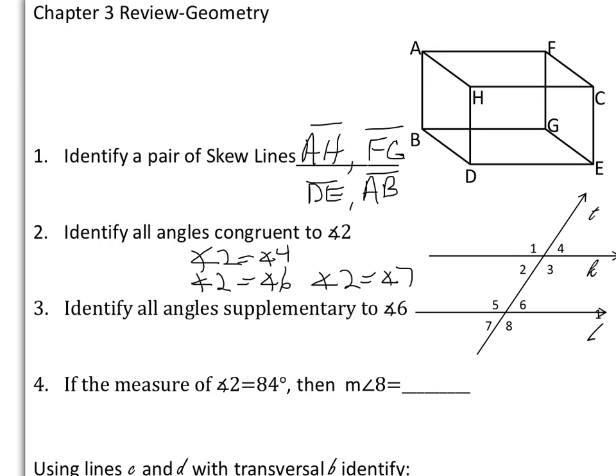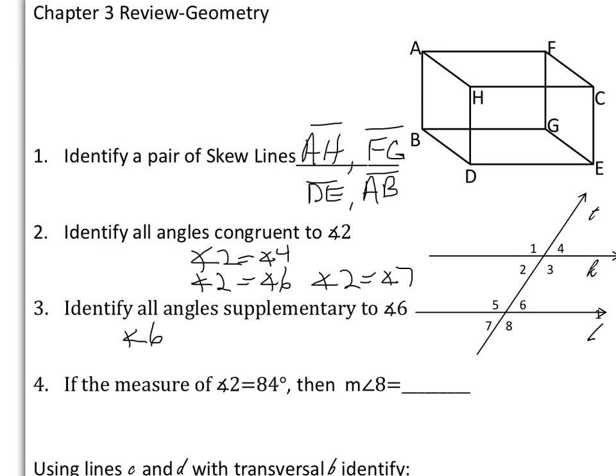Identify all the angles supplementary to angle 6. Well, if we can identify one angle that's supplementary to angle 6, then we can come up with all of the angles that are equal to that supplementary angle. So I can see first off that angle 6 is supplementary to angle 8.